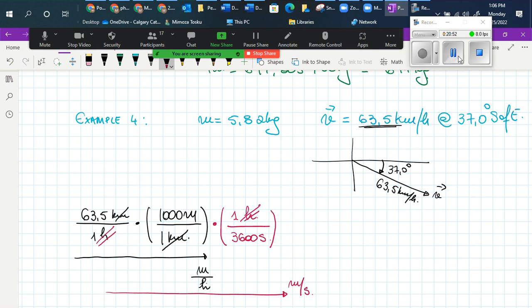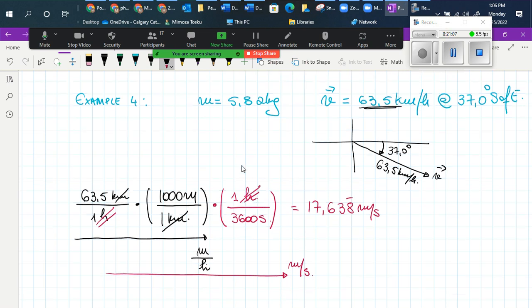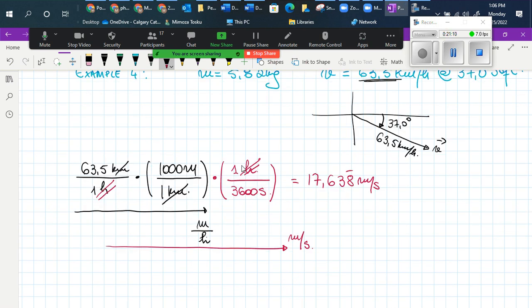Now, through calculations, we will have a value of the velocity of 17.63 and 8 repeating meters per second. And if we are expressing this as the velocity being a vector, then we should say that the velocity is now 17.6 meters per second at 37.0 degrees south of east.